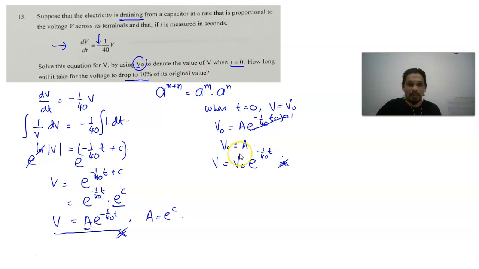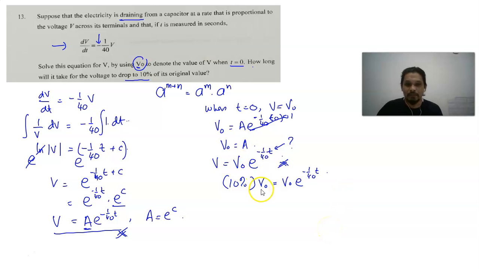So we would like to find the value of t when the voltage drops to 10%. So it is something like this: 10% of V0 equals V0 e to the power of negative 1 over 40 t.